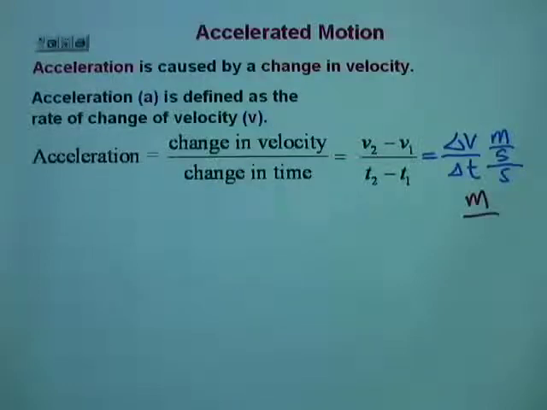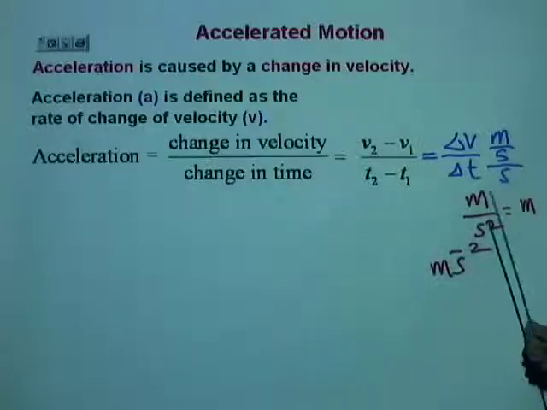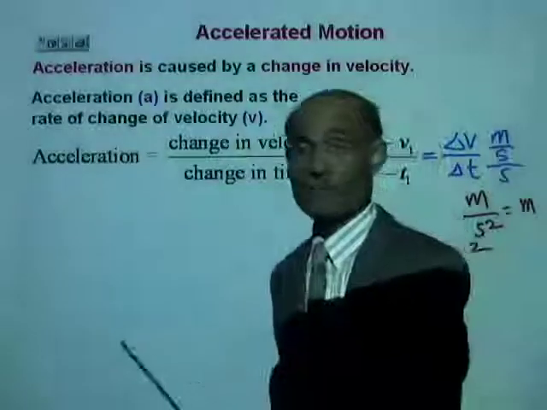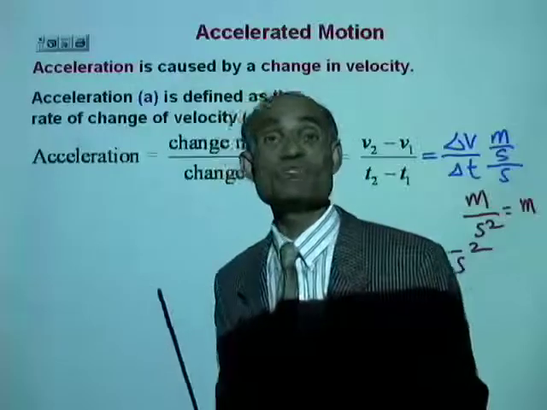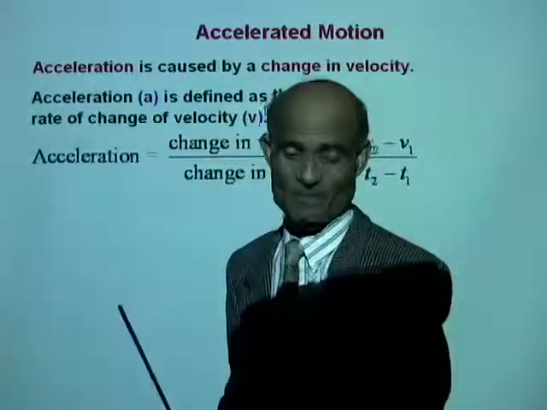That will be meter per second squared. And we write it like this, meter per second squared. So acceleration is measured in meter per second squared. That is the unit of acceleration.